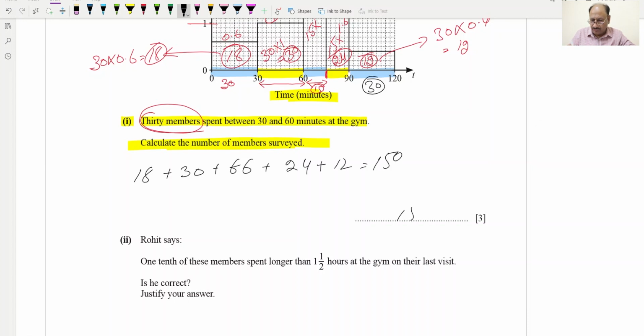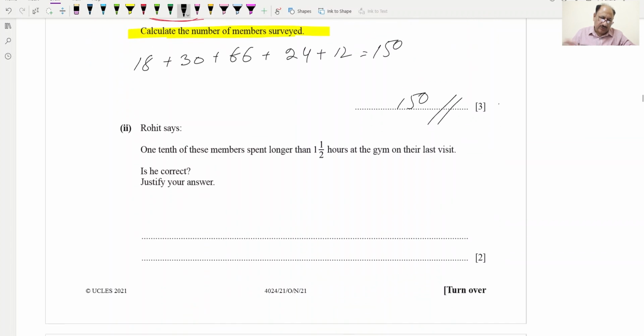So our answer will be 150. Hopefully you understand this. Now the second part: Rohit says 1/10 of these members spent longer than 1/2 hour, so 1.5 hour, at the gym on their last visit. Is he correct? Justify your answer.